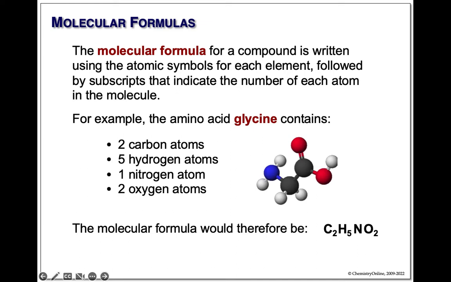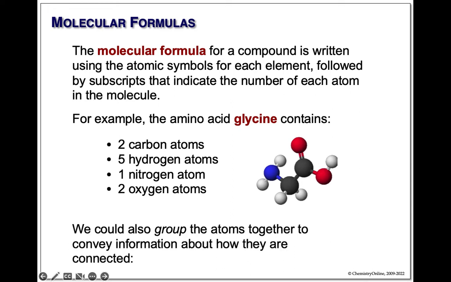The only problem with this is it gives you no information at all as to what glycine looks like. So there are other ways to write molecular formulas that are much more descriptive. We could just base it on the model here.